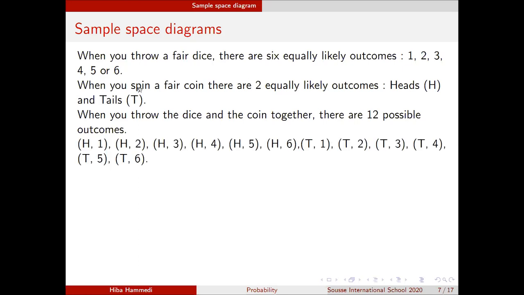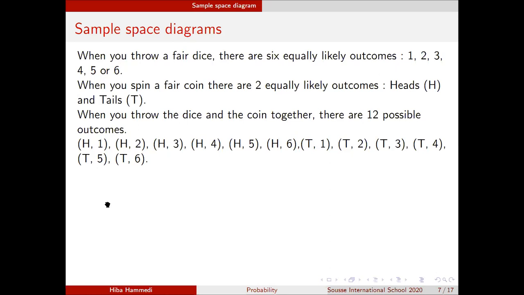Those are all the outcomes that I can have. So for heads, I can have from 1 to 6. This is why I wrote it like that. And for each tail, I have from 1 to 6 that I can get from the dice. Okay. Well, this is a way to represent the outcomes.